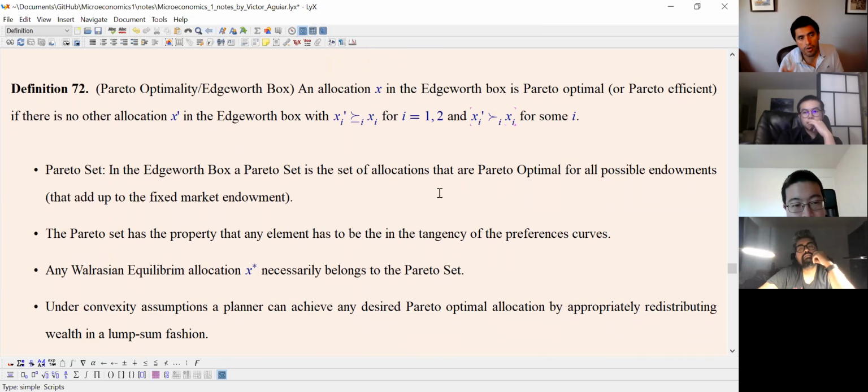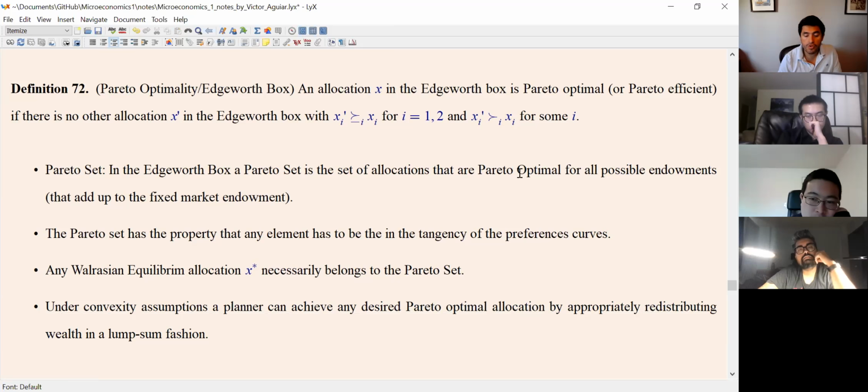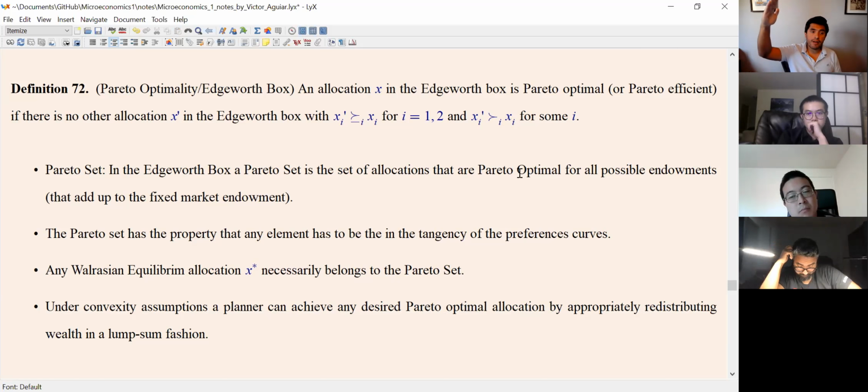So let's understand in terms of geometry what a Pareto set is in the Edgeworth box. In the Edgeworth box, a Pareto set is the set of allocations that are Pareto optimal for all possible endowments. The important thing is to realize that when you're thinking about Pareto allocations, you have to think of all possible allocations when you move the endowment as an experimenter.